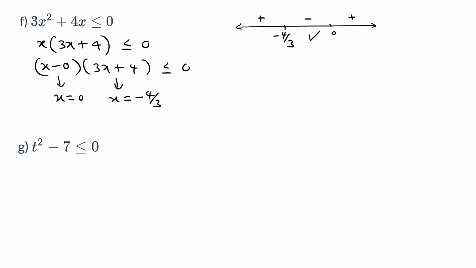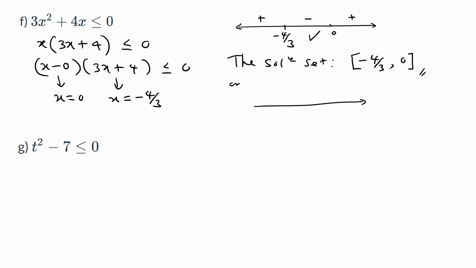So that means the solution set, which is an interval, which is negative 4 comma 0, and you can see there's an equal sign, that means it's included.